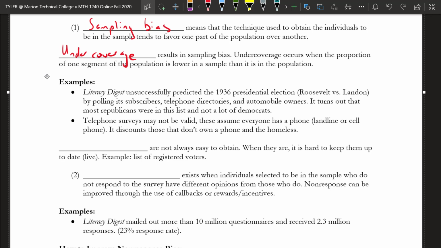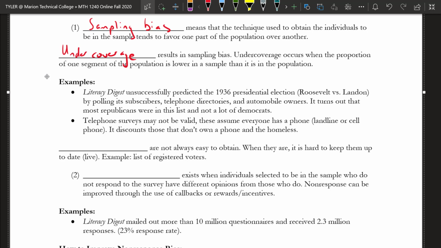The technique tended to favor Republicans over Democrats, so that impacted the results of the study.